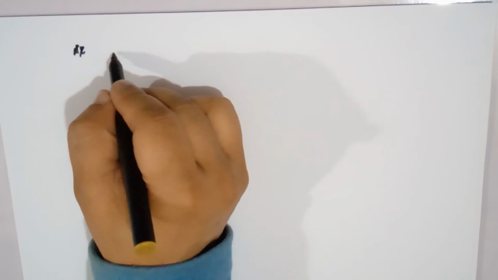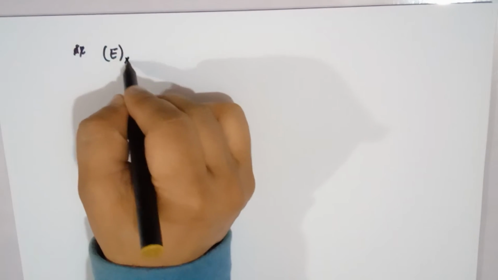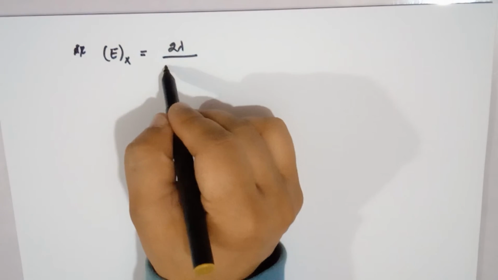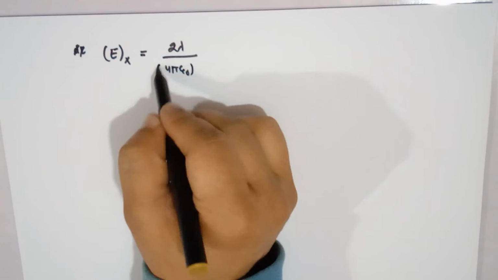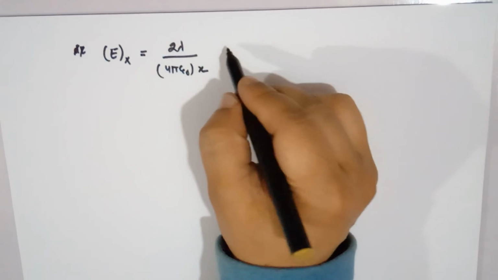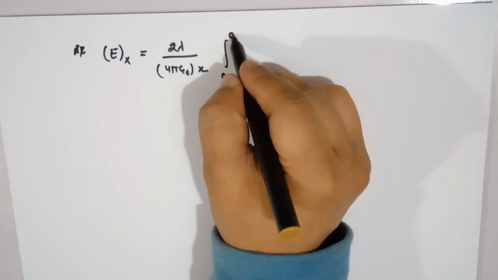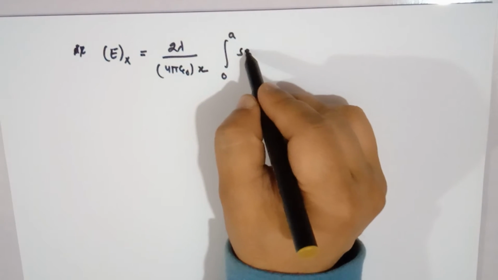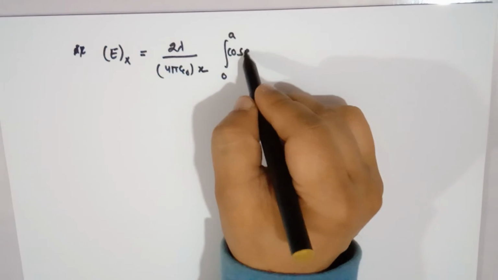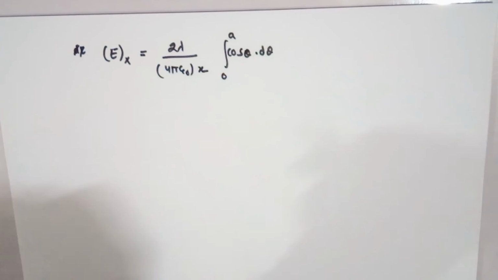Okay, so the electric field along the x-axis would come out to be 2 lambda divided by 4 pi epsilon naught into x, and the limit is from 0 to a, 1 by sec theta, which basically becomes cos theta d theta.